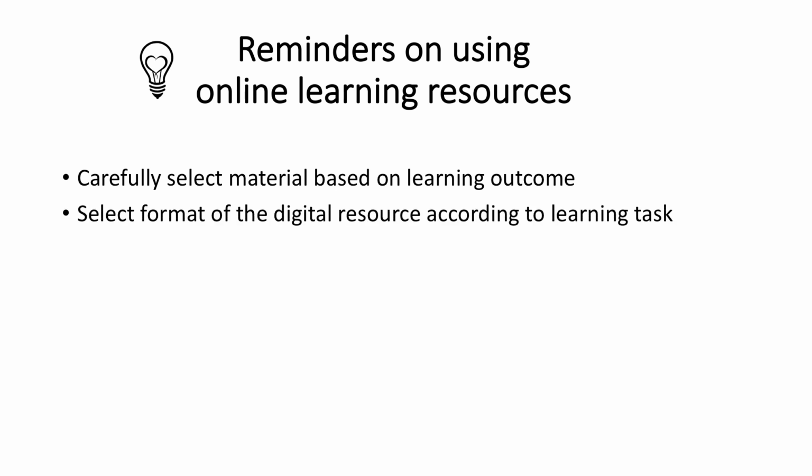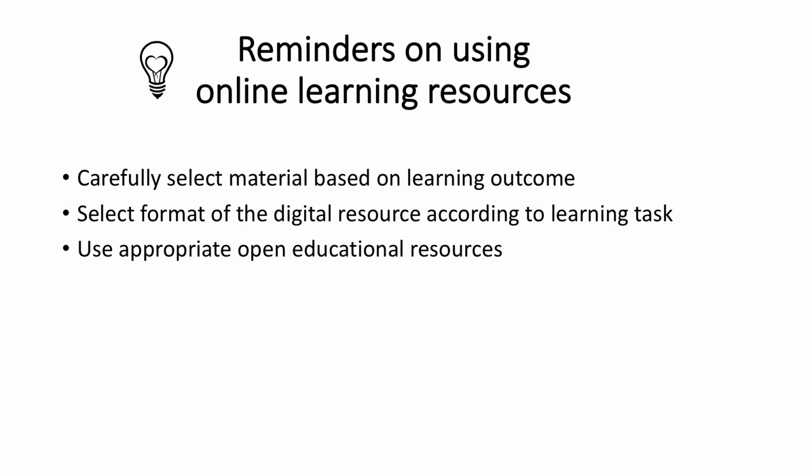Select format of the digital resource according to learning task. For instance, a video is best suited for demonstrating a process or procedure or illustrating a physical reality, while text is more appropriate in explaining complex ideas.